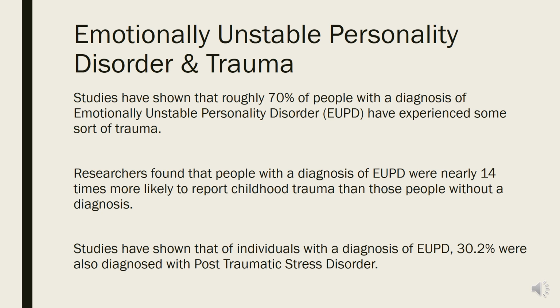So having a diagnosis of emotionally unstable personality disorder doesn't mean that you wouldn't also possibly have other diagnoses. So diagnoses that run alongside, so that we call comorbid. People have often talked about depression and anxiety, and these are features of emotionally unstable personality disorder.